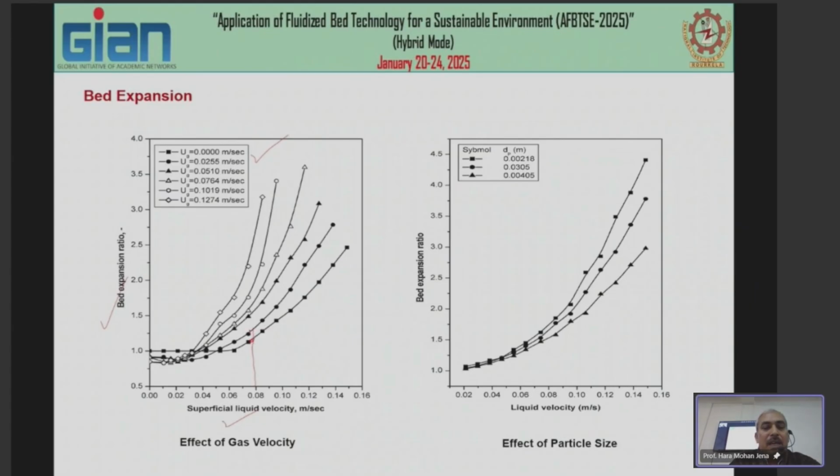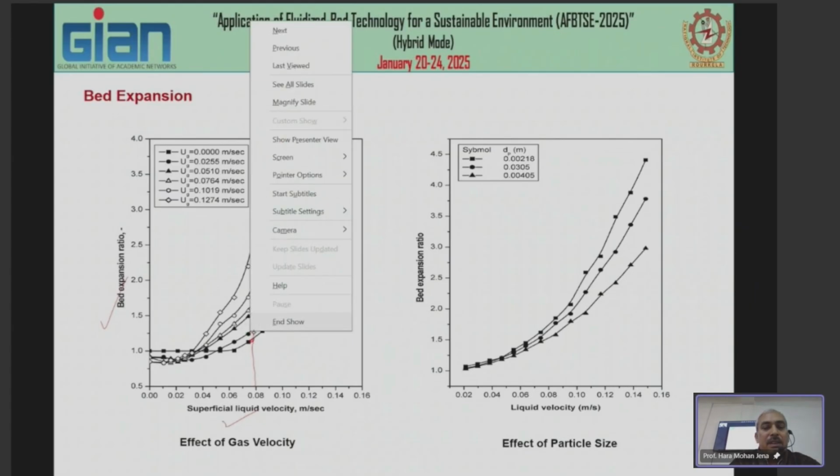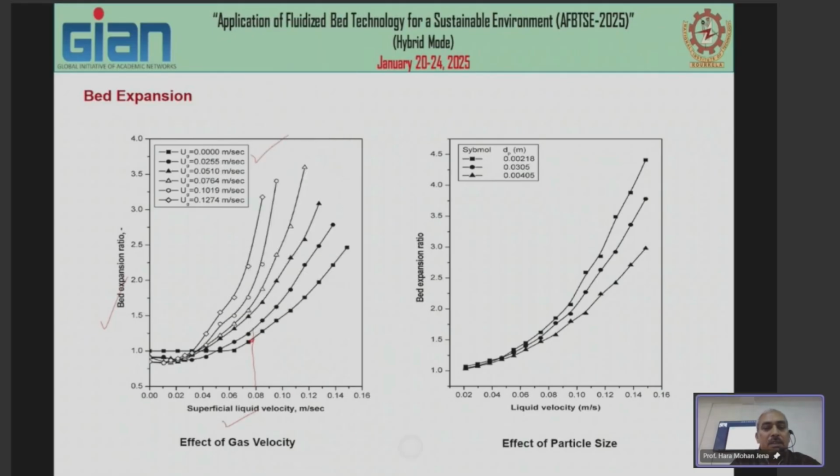But as you increase the gas velocity, you see the bed expansion ratio is more. That means the height of the expanded bed is more. So bed expansion ratio increases with the liquid velocity and with the gas velocity.